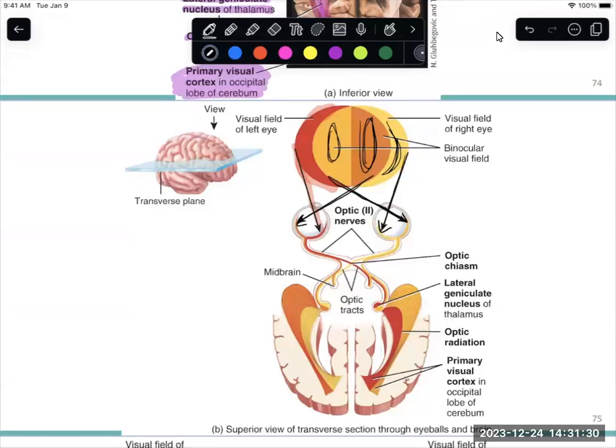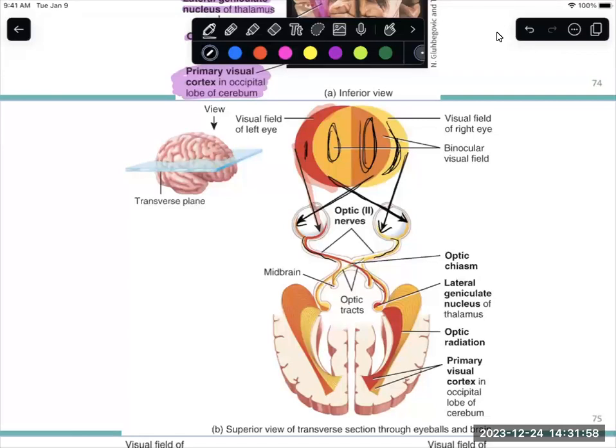This is how things are reflected into the eye. Then it travels back on this optic nerve. Now both outer ends are crossing over.